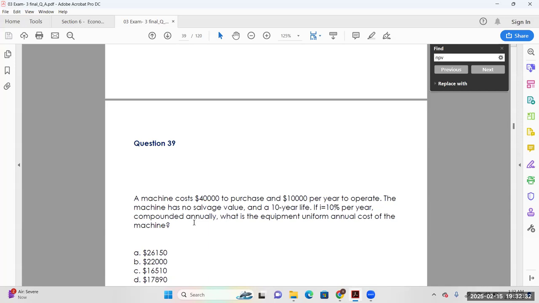No, uniform annual cost is not that one. First, you find the net present value for this one. Okay, just give me a few minutes. I will calculate it.